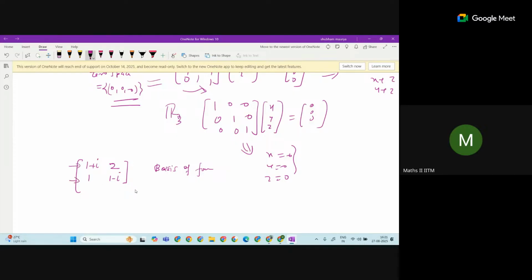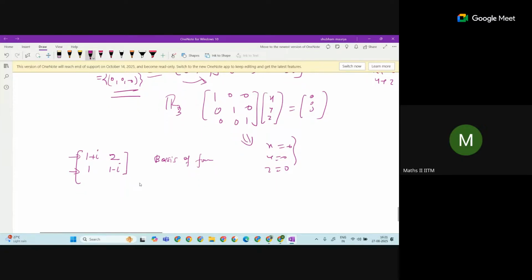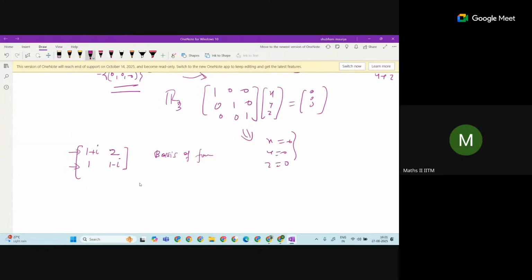Row space is the span of (1 plus i, 2) and (1, 1 minus i).